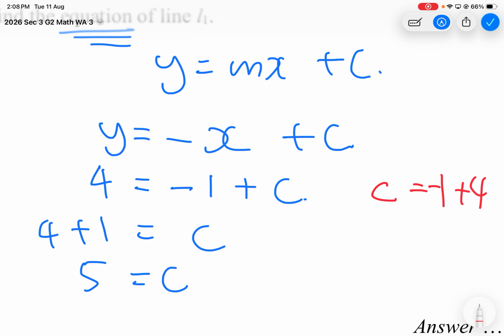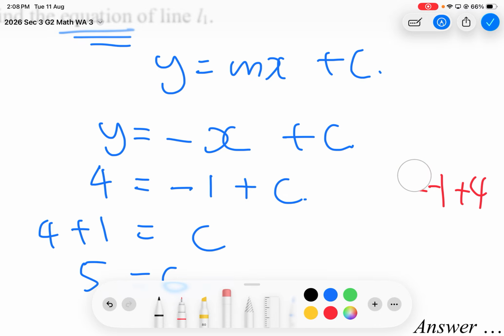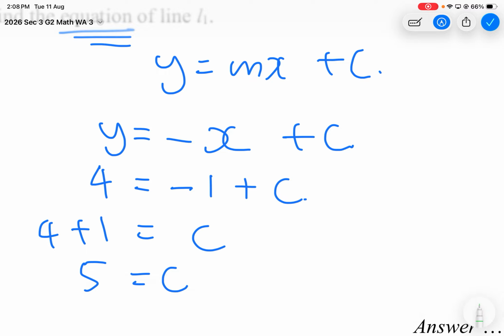Because you try to do too many things in one step. If you want to bring your C to the opposite side, there are two correct ways to do it. If I really change my C, then it should become minus C plus 4 equals to negative 1.